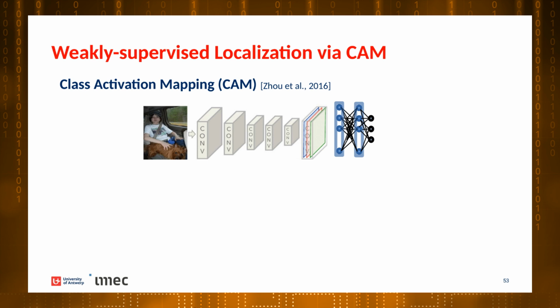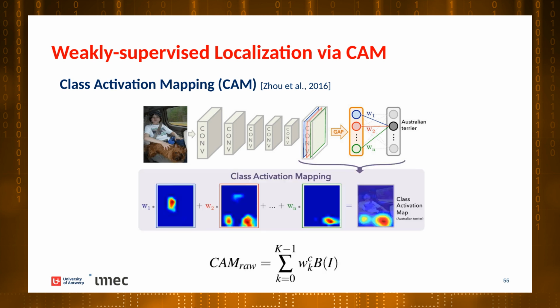This has been addressed by the so-called class activation mapping technique, where the idea is that if we have a model, we will replace the last convolutional layers with one layer that will learn how to apply weights to the last 2D feature maps that the model has. And in doing so, it can later apply those weights and do a linear combination with each of those feature maps.